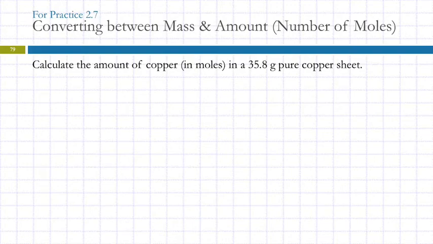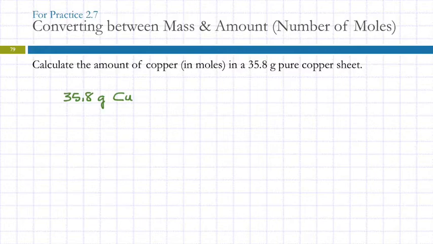Calculate the amount of copper in moles in a 35.8 gram pure copper sheet. So we have 35.8 grams. Now, we do need to know that this is copper, because if they didn't specify the element, we couldn't do this problem.